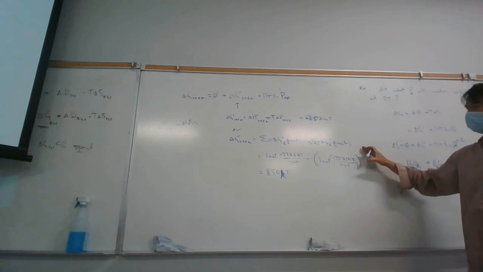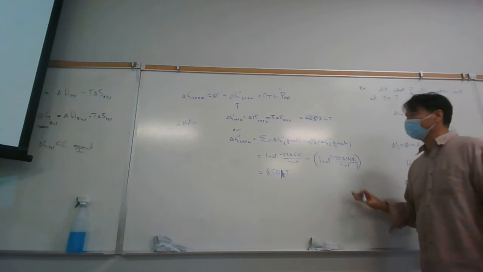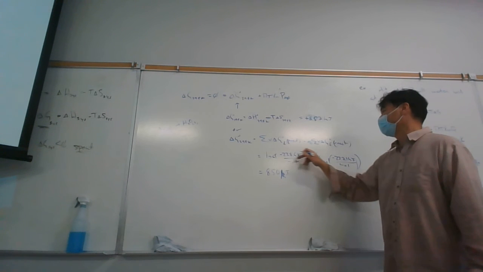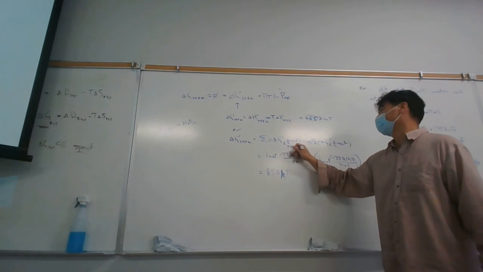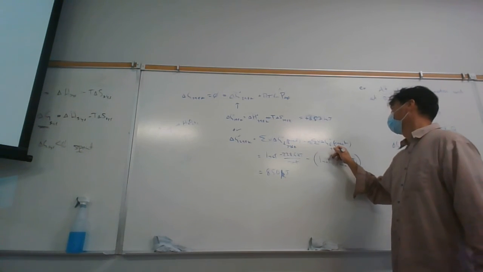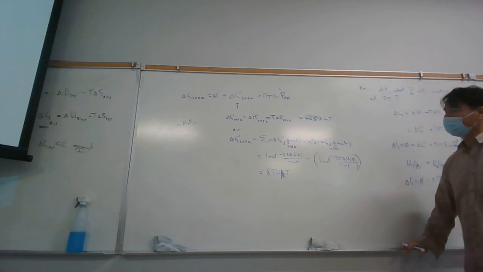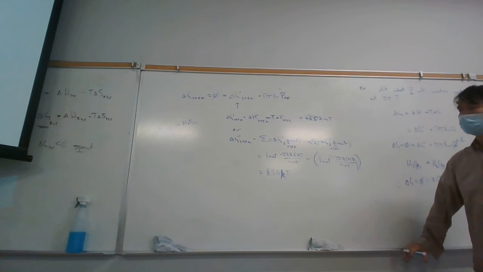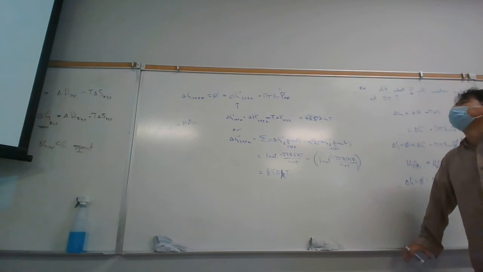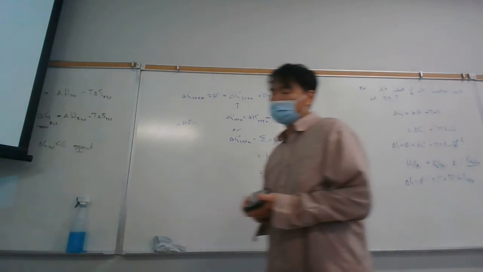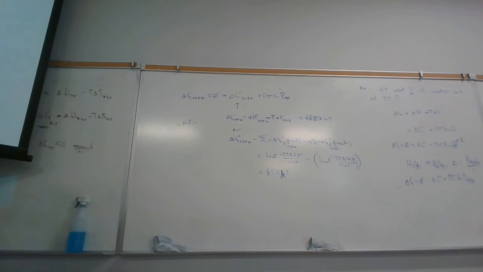The second way is a lot less work, but the second way you can only do at 298 Kelvin because we only have delta G of formation values at 298 Kelvin. And so this only works at 298 Kelvin, whereas this first way we can do at different temperatures, including 298 Kelvin, if we make the assumption that delta H and delta S don't change much with temperature.